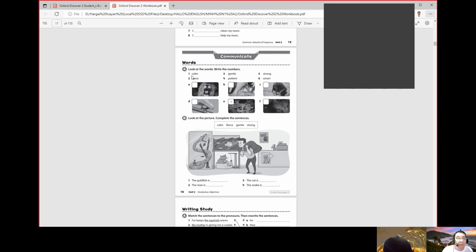Calm, fierce, gentle, patient, strong, and smart. Very good. What do you think would be the characteristic of the picture letter A? Letter A is number two, fierce.